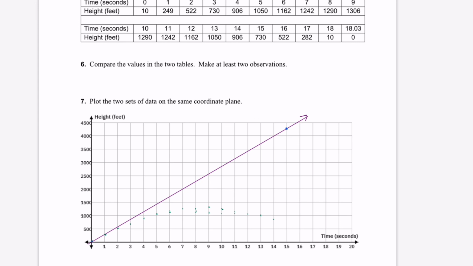And then at 18 seconds, it's back at 10. And then just slightly after 18 seconds, it hits the ground. So what happens is it goes up, and then it comes back down.